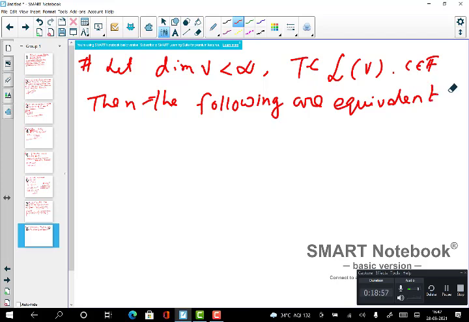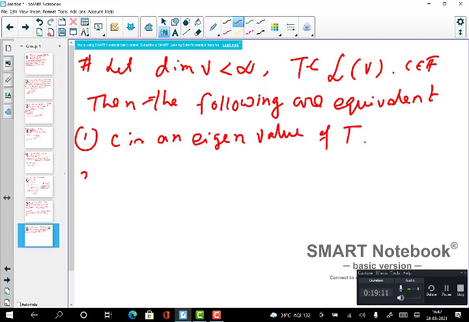Number one is that C is an eigenvalue of T. Number two is that the operator T minus C I is not invertible.